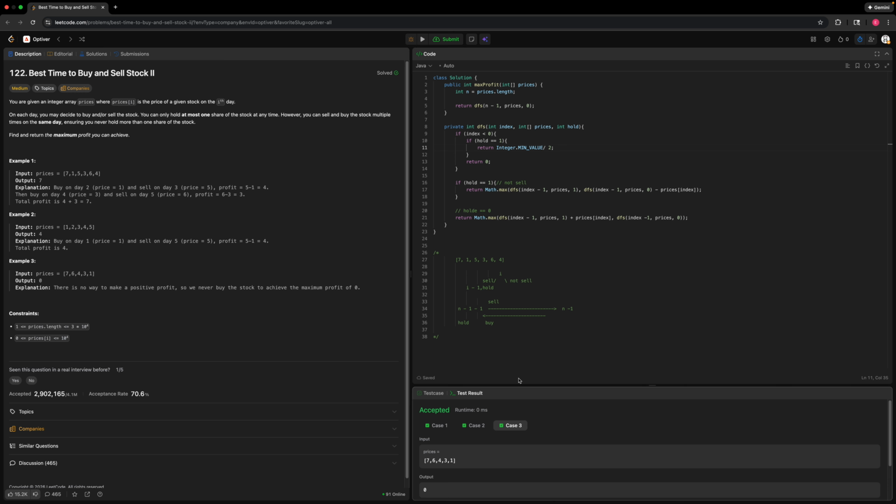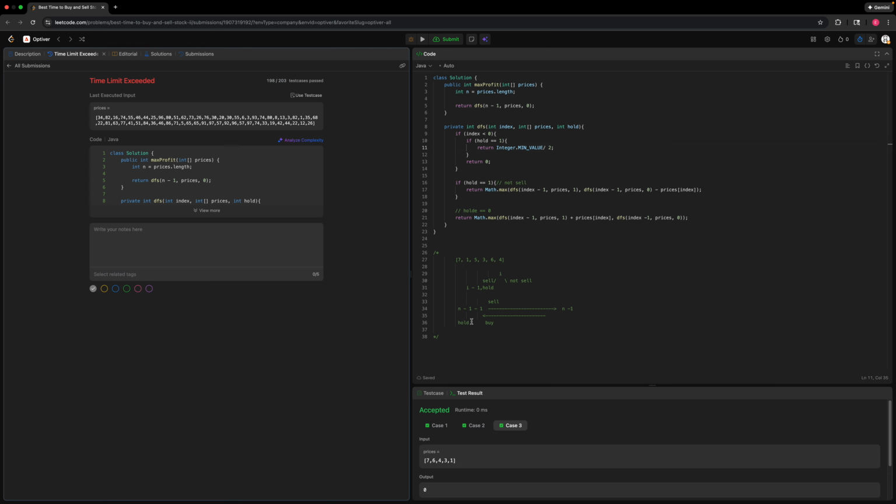That is minimum, not the maximum. So this is the time complexity. Okay, so the time will be exponential, because we have how many branches, actually, based on 1, 2, we have at least two in here.